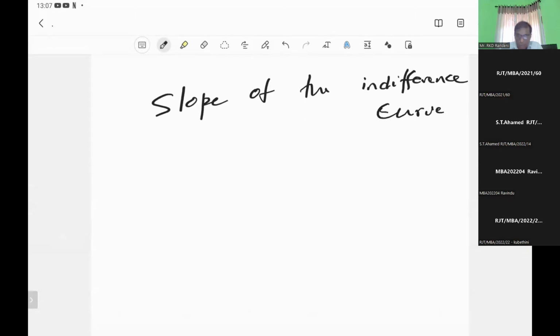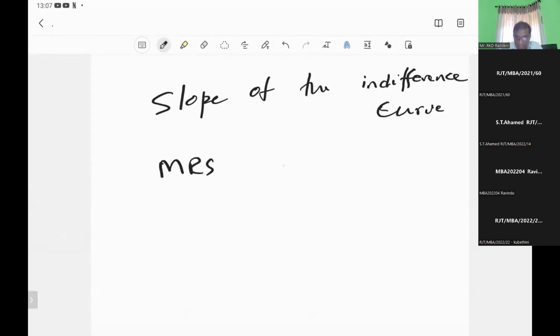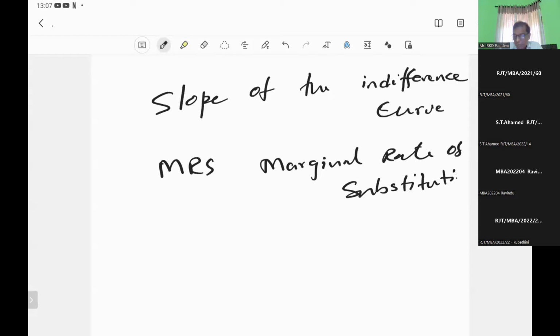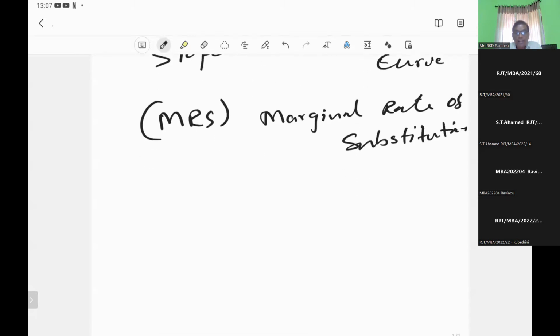The slope of the indifference curve is called MRS. MRS means marginal rate of substitution. In short, that is MRS, marginal rate of substitution. Right.